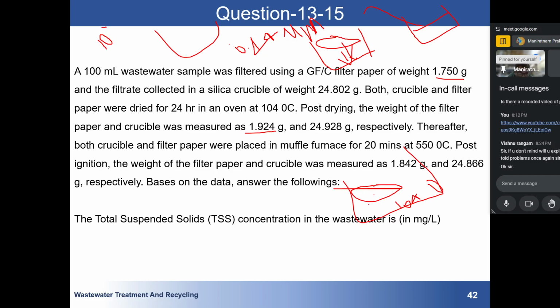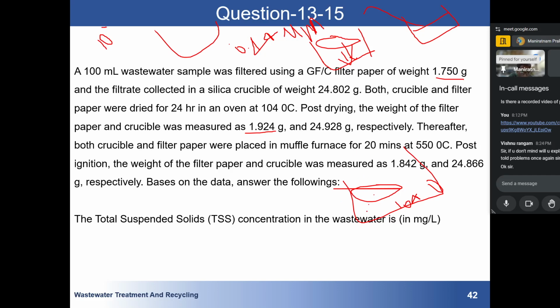So the mass which has settled on the surface of the filter paper, what kind of mass will this be? This will be all the suspended solid which was in the water, which has come onto the surface of this filter paper, and upon drying all the water was evaporated.